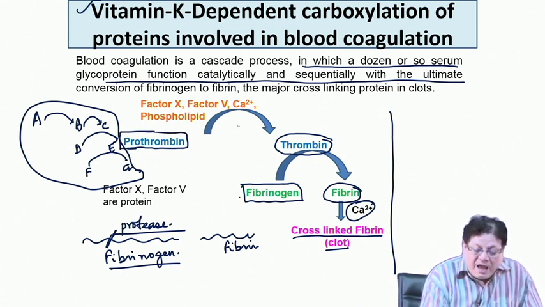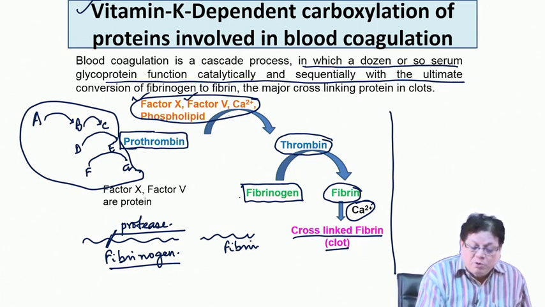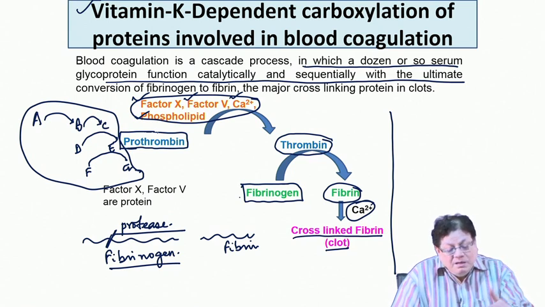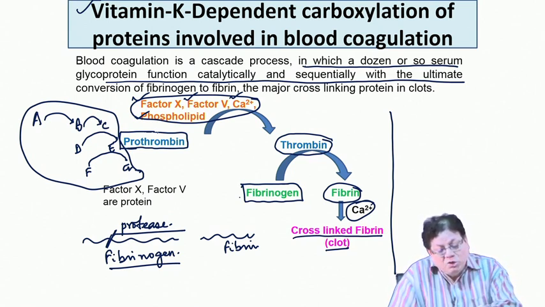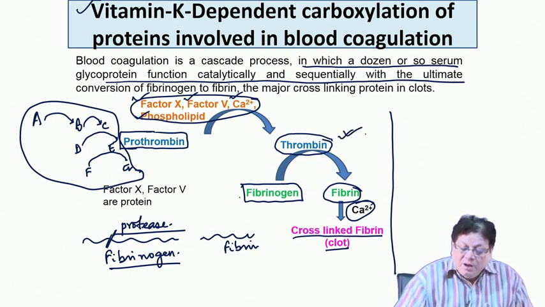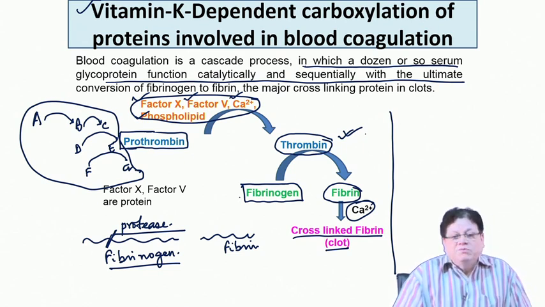Prothrombin, by the action of many species, like factor 10, which is a protein, and factor 5, which is also a protein, these are all glycoproteins, and then calcium and phospholipid, all these are present. If all these are present, then prothrombin goes to thrombin, the actual enzyme which catalyzes the conversion of fibrinogen to fibrin.